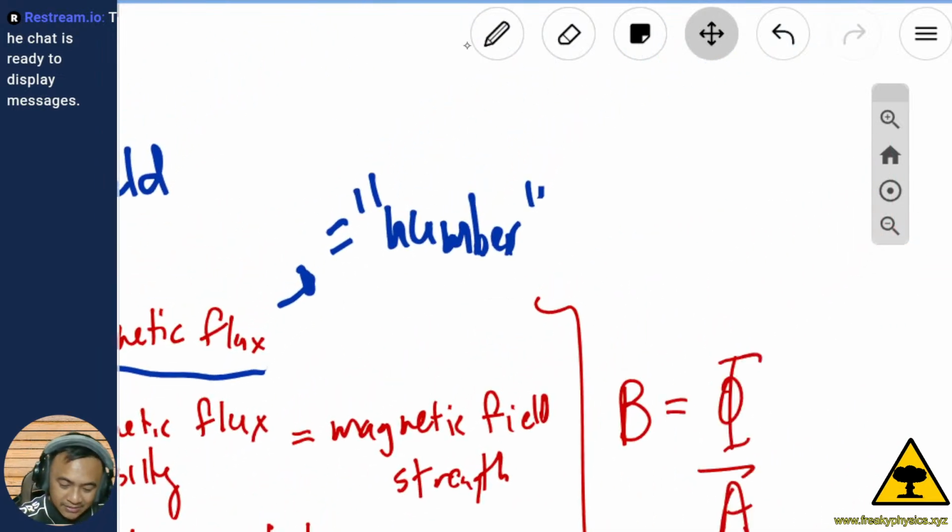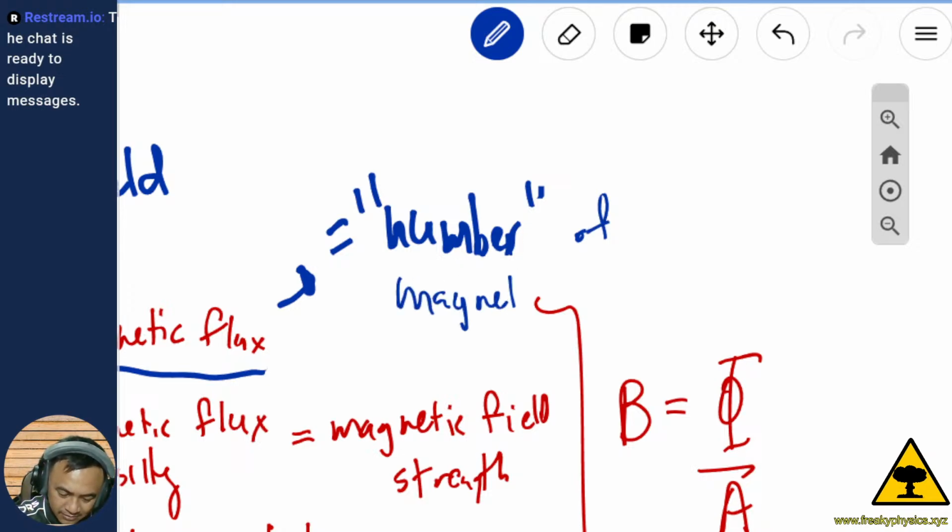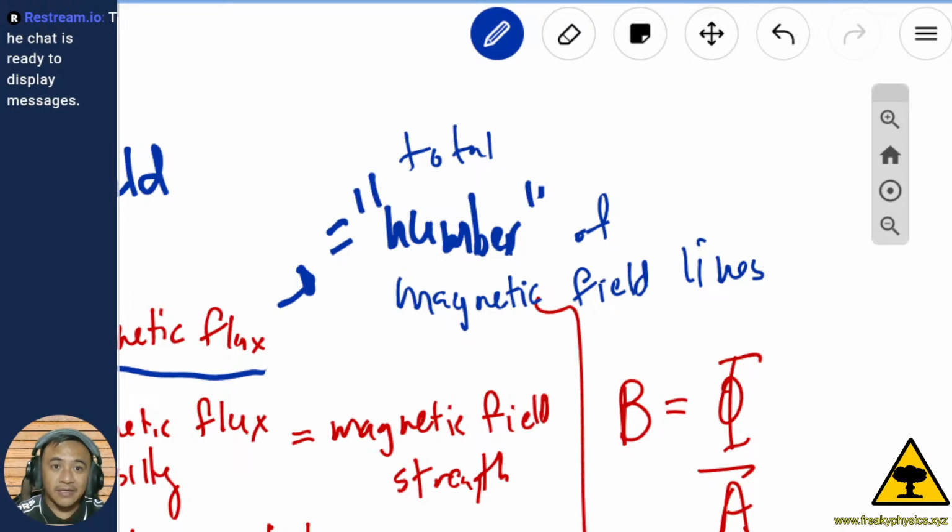This is the number of magnetic field lines. So I'll say total as well. All right, does that kind of make sense?